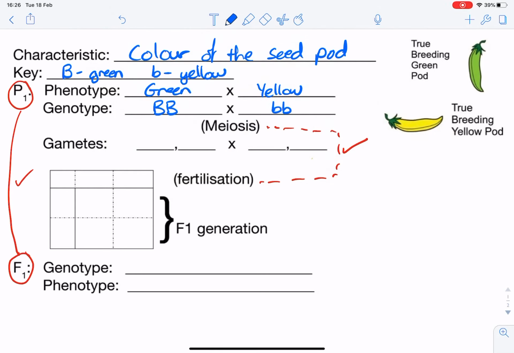So meiosis occurs. Now, remember back in meiosis, during anaphase 1, for each parent, the homologous pair of chromosomes is separated.